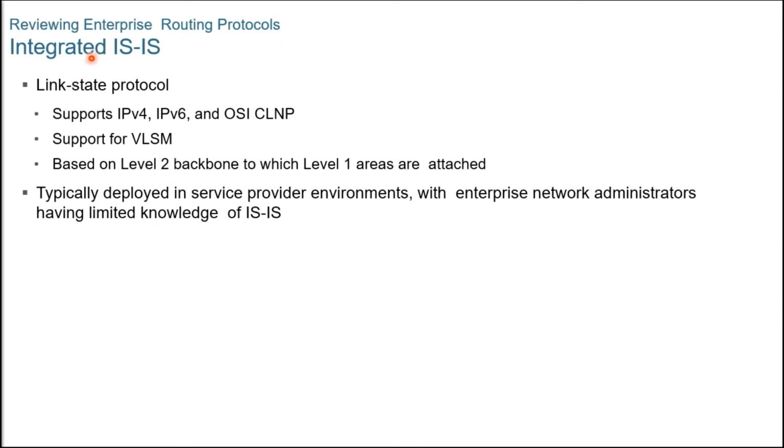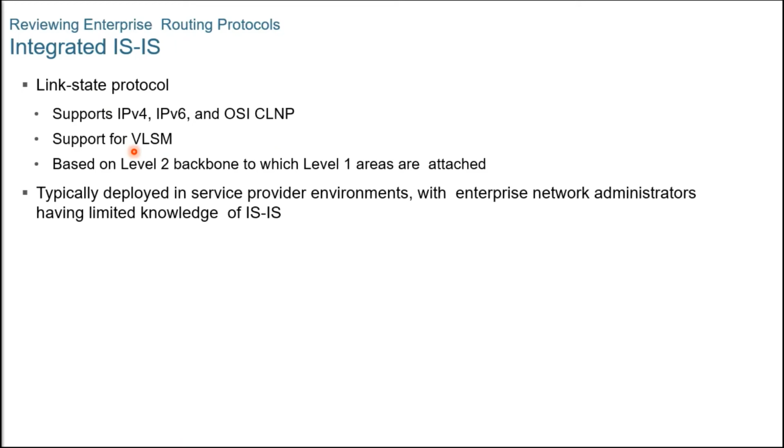Next would be IS-IS. IS-IS was developed by Digital Equipment Corporation, or DEC, as a dynamic link state routing protocol for the Open Systems Interconnection, OSI, protocol suite. The OSI suite uses Connectionless Network Service, or CLNS, to provide connectionless delivery of data, and the actual layer 3 protocol is Connectionless Network Protocol, or CLNP.